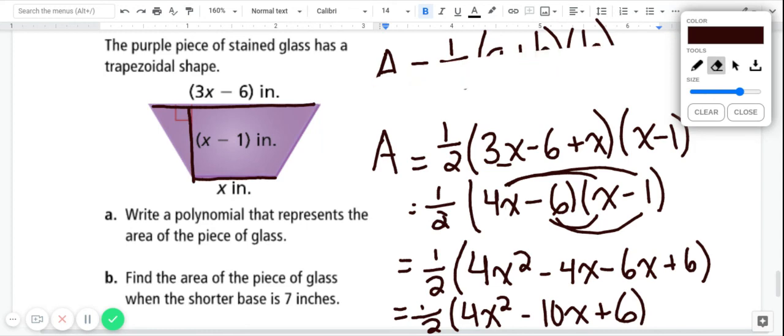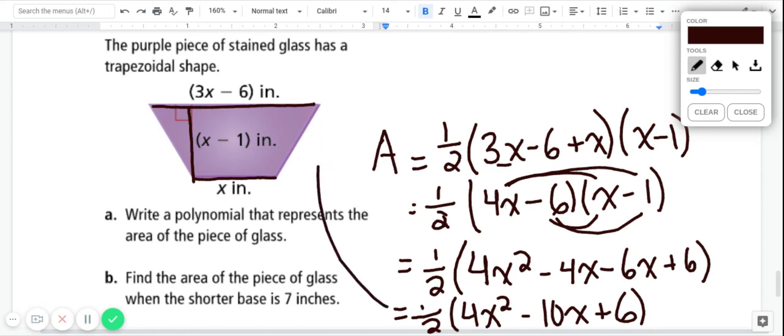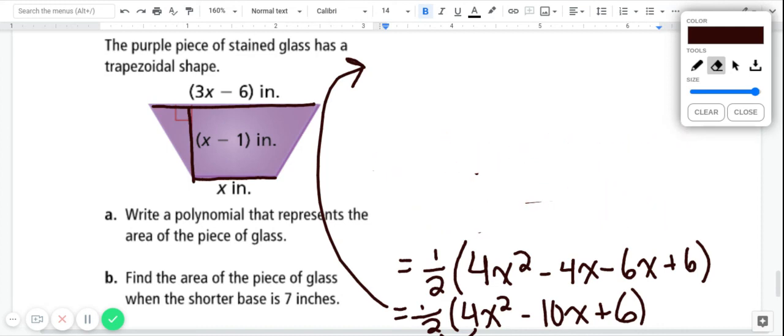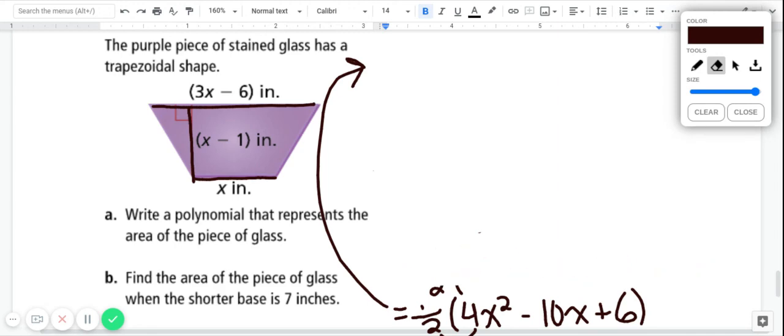I'm going to delete some stuff up here because I ran out of room. Just give me a second here, just so I have space. Okay, I'm going to go ahead and distribute this 1/2 to each term.